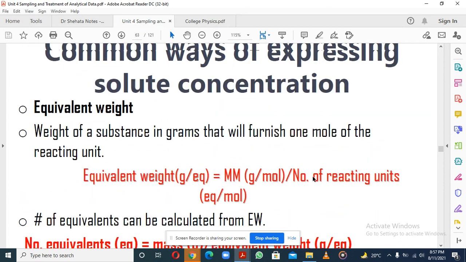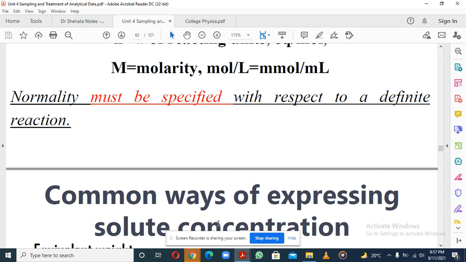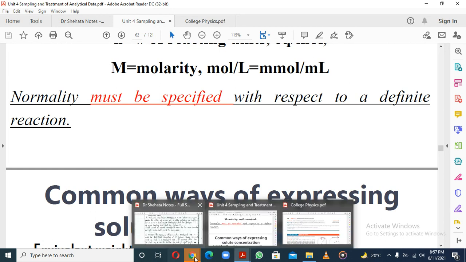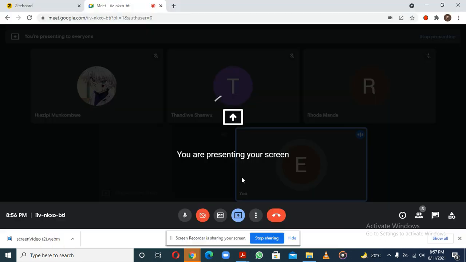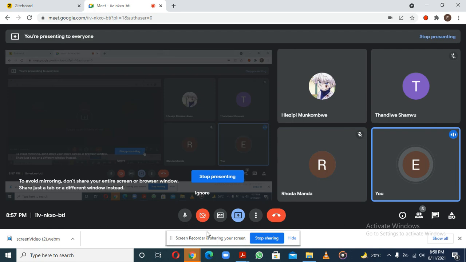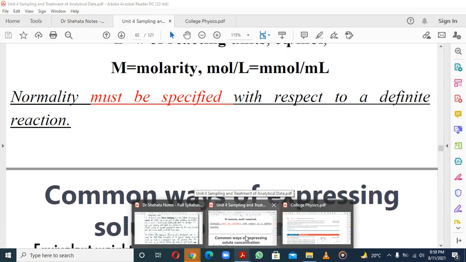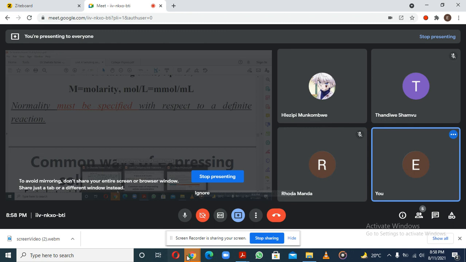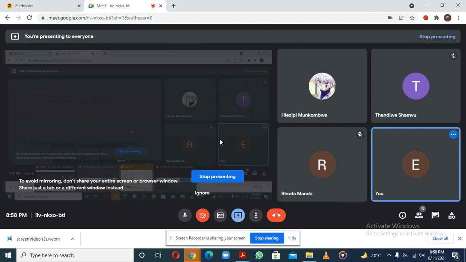Is everyone able to see my screen? Hello, is everyone able to see my screen? Hello, if you can see my screen, let me know. Wait, you can't see it.